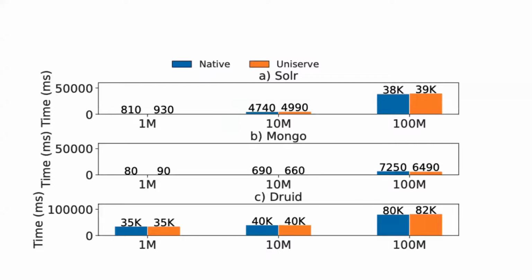The next benchmark is for the update performance. Bulk writes are used here since they are what typically happen in subsystems. For Solr and Druid, eventual consistency has been provided, while for MongoDB, serializability has been enabled via two-phase commit. Here also, Uniserve matches native system performance.